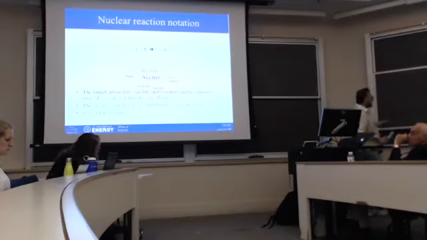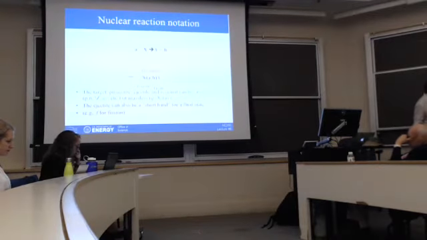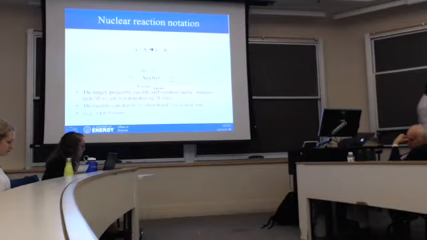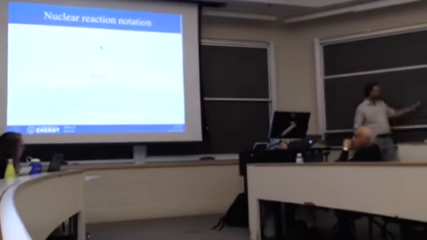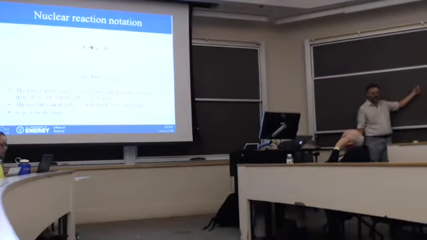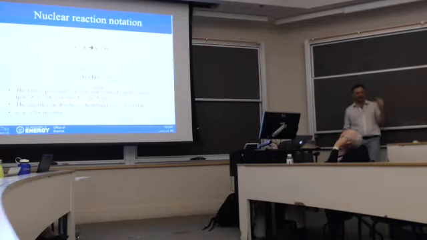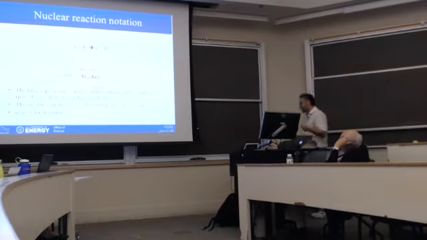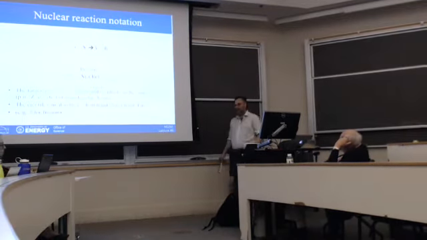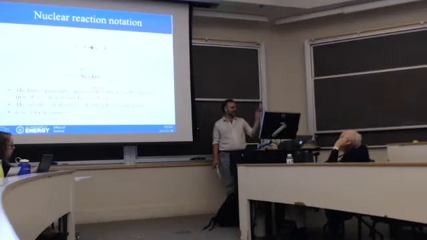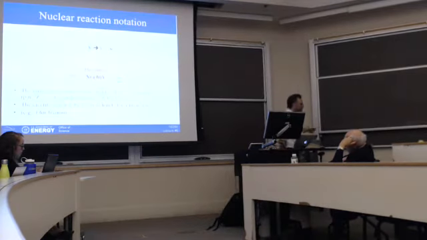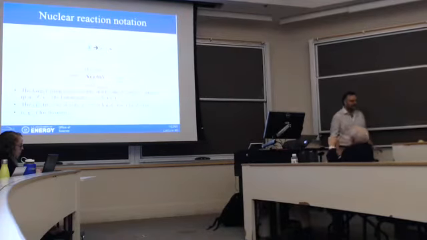So when I say NF, there's some nucleus out here, X, and there's no reason for me to write something out here. Fission means it broke up. I could write this out in detail and say I had a strontium-95 and a barium-140 or something like that, but you don't do that. With fission, you would just write it as NF. Okay?